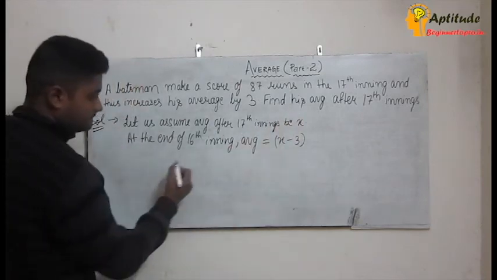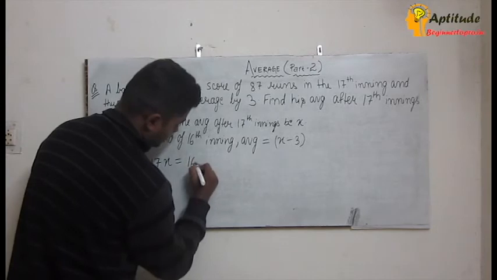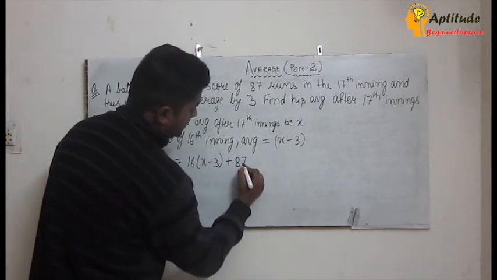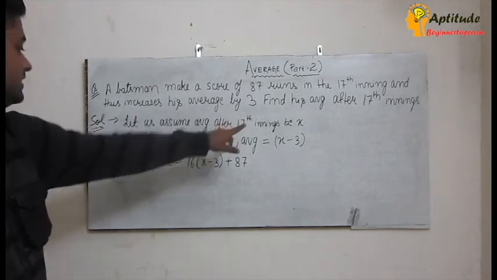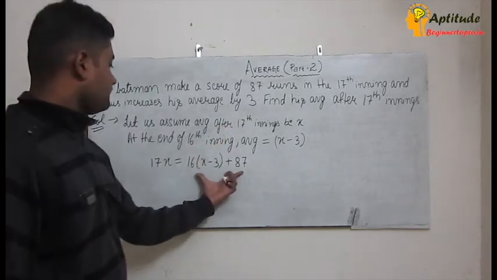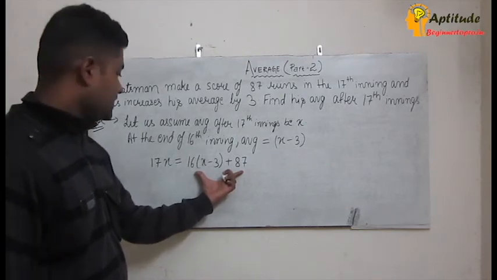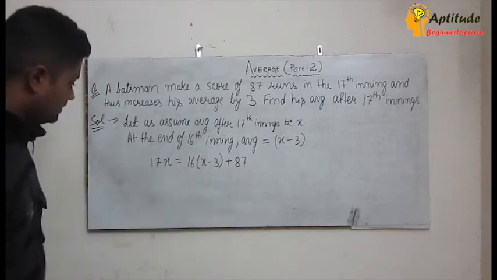So we can write 17x equals 16 into (x minus 3) plus 87. See, this is the total after the 17th inning, and this is the total at the end of the 16th inning and in the 17th inning.